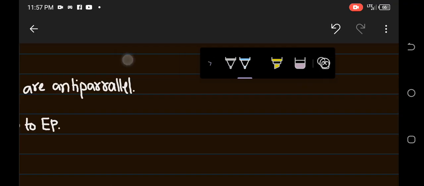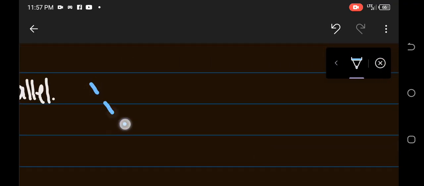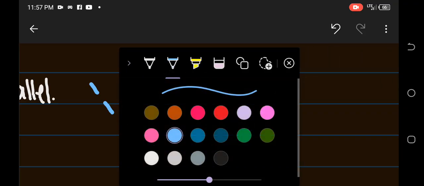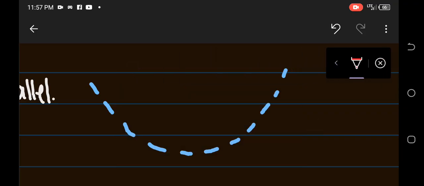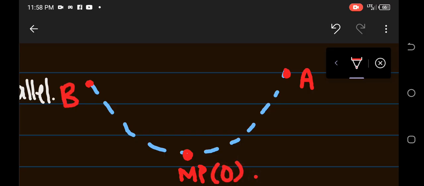So if I make another pendulum, you can note down here that this is again the mean point, this is A, this is B, and this is 0. We know this is the negative extreme point, and this is the positive extreme point.